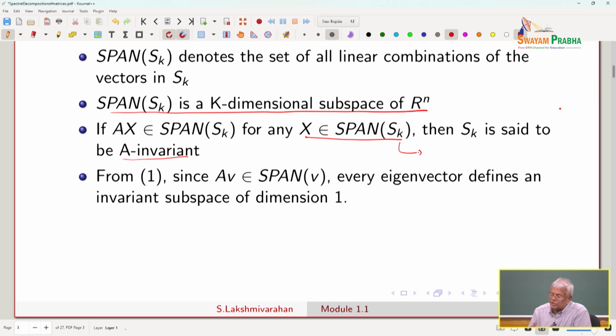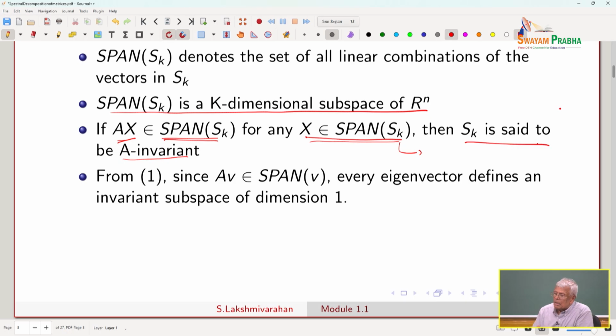Sk consists of vectors v1 through vk. Span of Sk refers to linear combinations of the set of vectors in Sk. So, x belongs to the span of Sk. If I multiply x by A, it also belongs to the span of Sk, then we say Sk is A invariant.